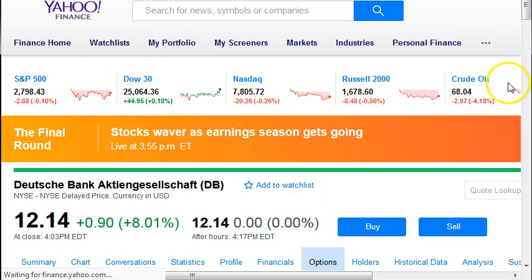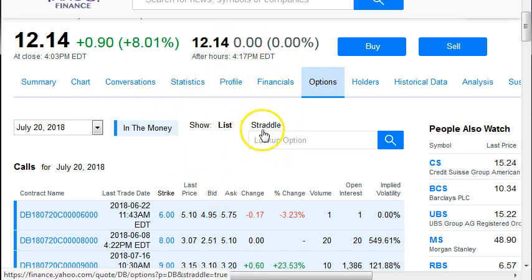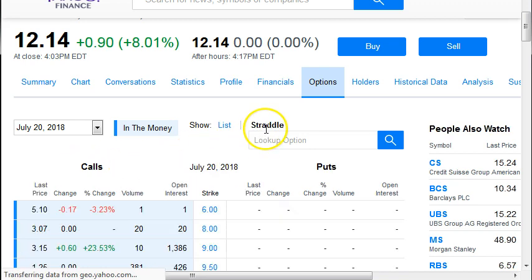So it's loading options. After the options are loaded, you will find a screen like this. We want to look at the straddle options. That way we can see calls and puts simultaneously next to each other. So it looks like these are the calls and puts for Deutsche Bank.